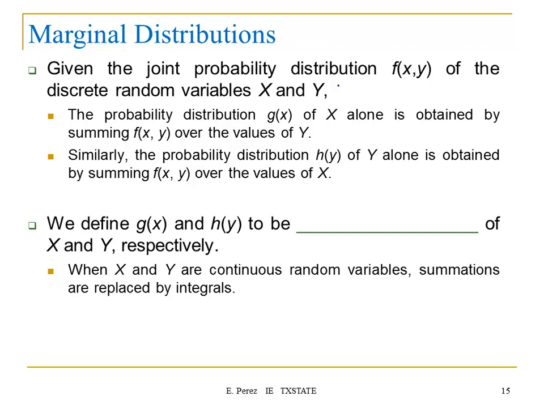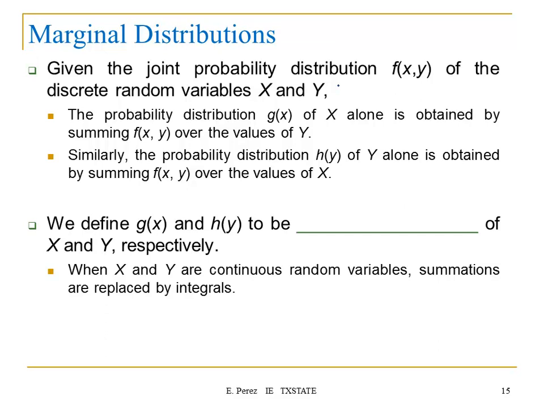So if you want to find out what the values of x are for this joint distribution, you know that both variables are dependent, but you are interested in just the values for x, you can look at the marginal distribution and find out the probabilities with respect to x. So you do that for x, summing over the values of y, and you can do the same thing for y, summing over the values of x.